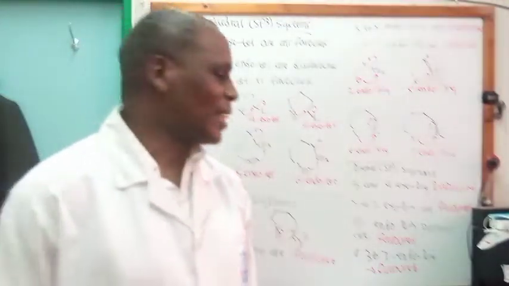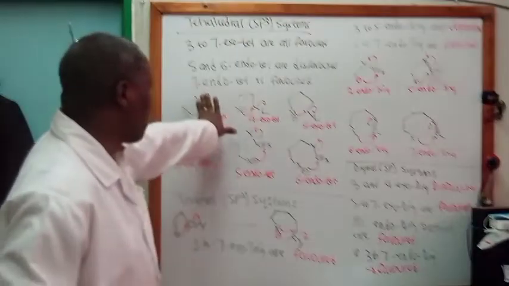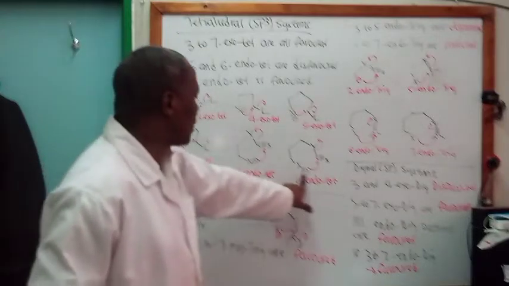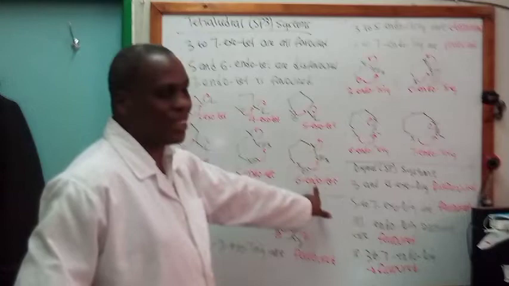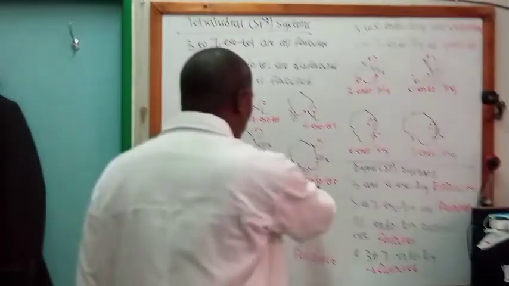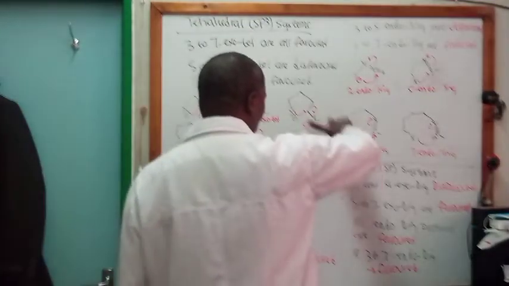Stereochemistry: when you're dealing with up to a 7-membered ring, the group which is coming is going to allow a 180 degree angle between the nucleophile which is coming and the group which is leaving.